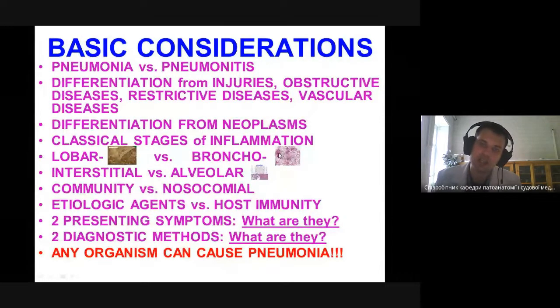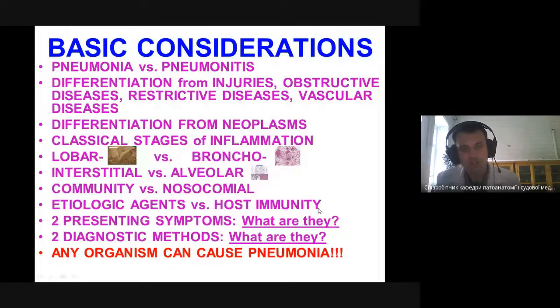So it starts in bronchi and spreads to the adjacent alveoli. Interstitial alveolar pneumonia. Interstitial, in the interstitial tissue, so in the walls, alveolar, within the alveolar lumen. Community, nosocomial, and etiological agents, host immunity.